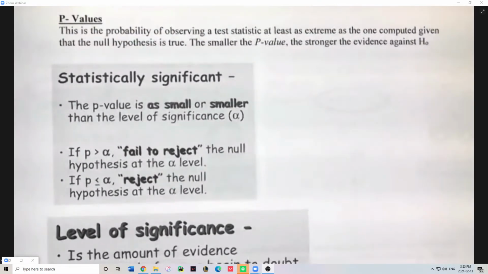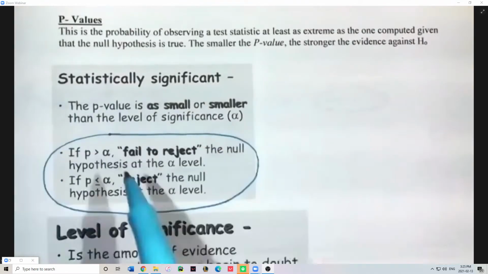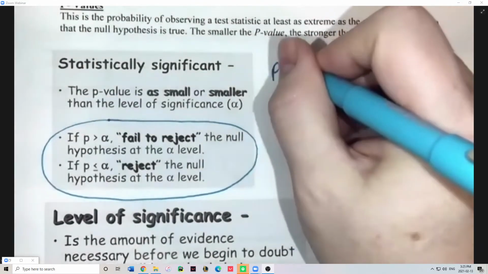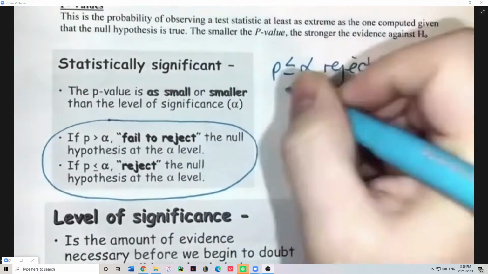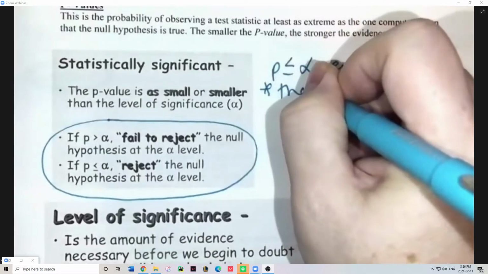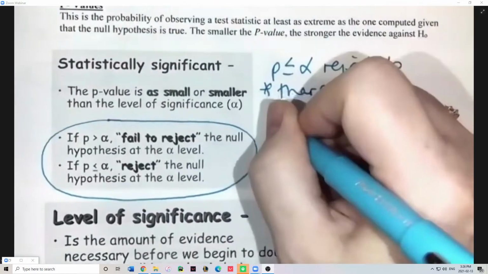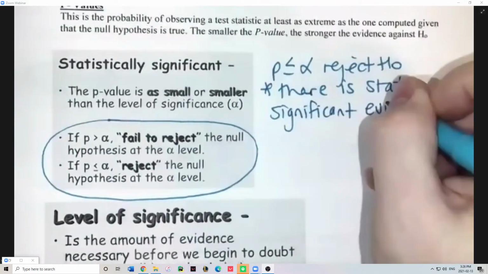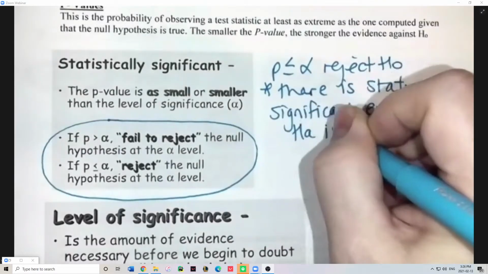Your conclusion is always, if the p-value is greater than alpha, then you fail to reject H naught. And if the p-value is less than alpha, then you reject H naught. So write that down, p-value less or equal alpha, reject H naught. And that means that there is statistically significant evidence that HA is true.